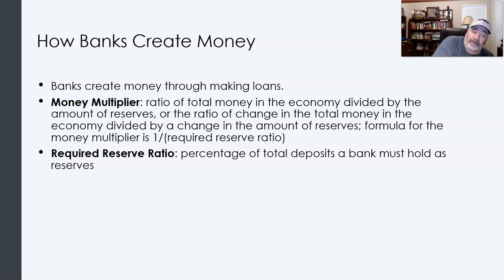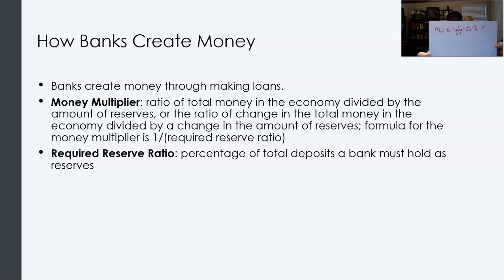I said 0.02. That should be 0.2. Sorry. Should be that. My bad. All right. 1 over 0.2 is 10 over 2, which is 5. That's a money multiplier of 5. Does everybody see how that happened?